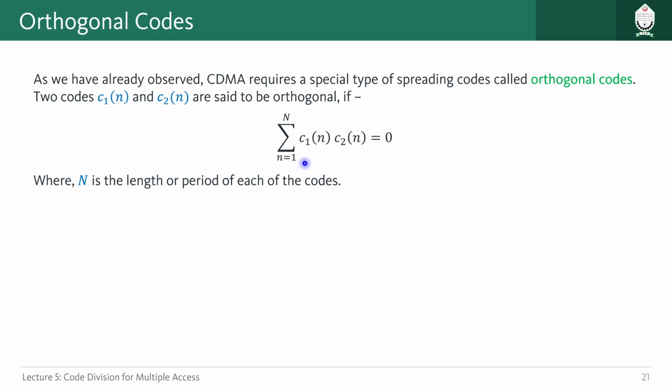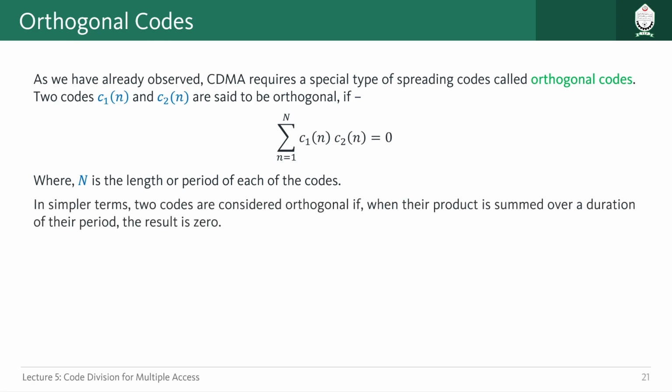If that results in a value of 0, then we can say these two codes are orthogonal to each other, where n is the length or the period of each of the codes. So in simpler terms, two codes are considered orthogonal if, when their product is summed over the duration of their period, the result is 0.